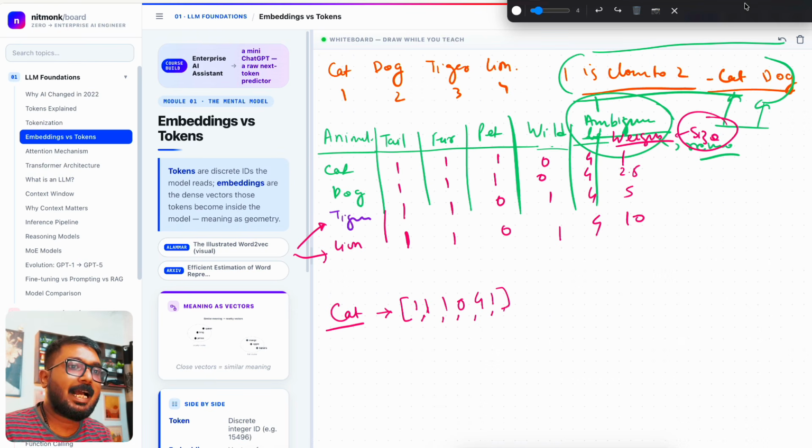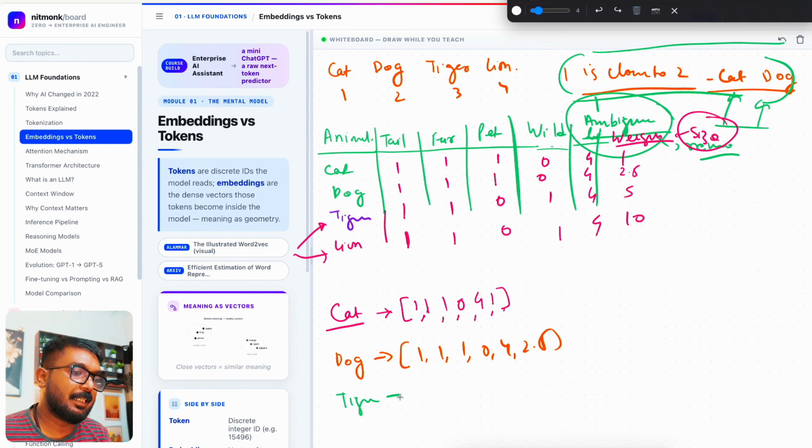Now, how are you going to represent a dog? The dog will be represented as 1 1 1 0 4 2.5. How do you represent the tiger? The tiger is represented like this: 1 1 0 1 4 5. That is tiger. How do you represent the lion? The lion is 1 1 0 1 4 10.